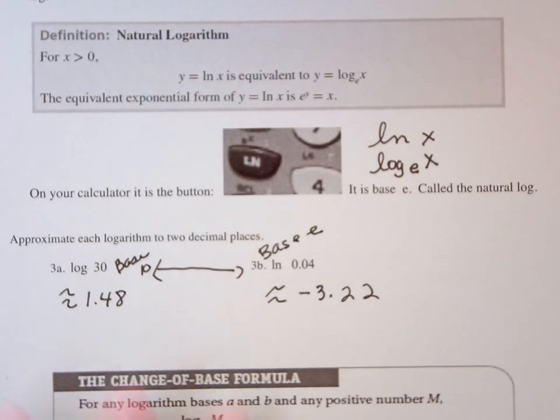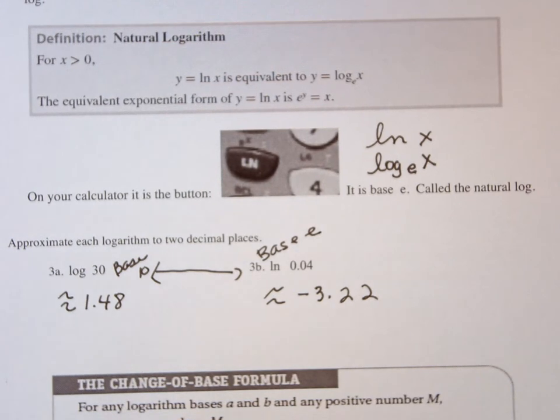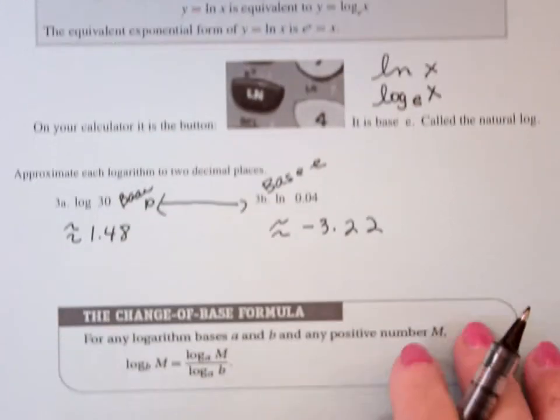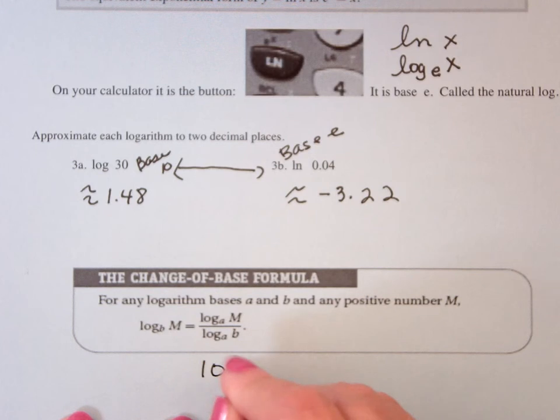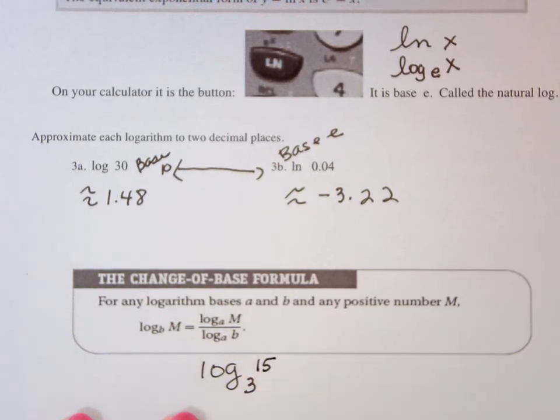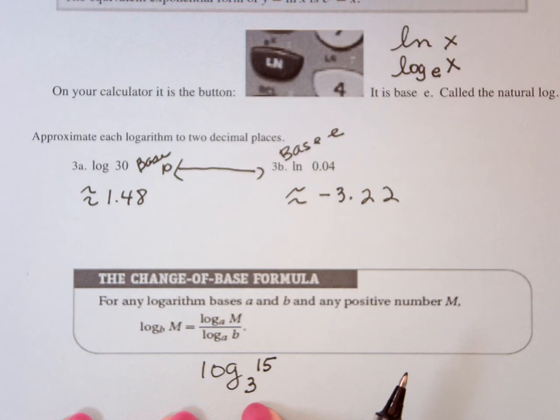So I can do those on my calculator. The problem is, what if I wanted to calculate instead log base 3 of 15? I don't have that on my calculator. If this were base 10, I could do that. If this were base e, I could do it. But I can't do this directly on my calculator.